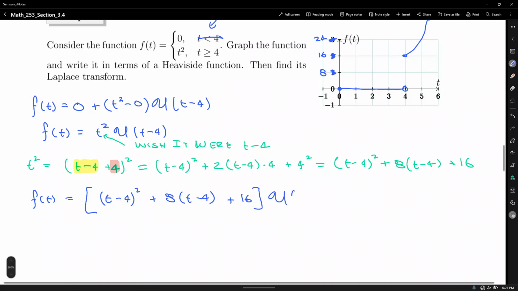All of this is shifted at t minus 4. All right? Okay, guys, let's find the Laplace transform of this. Again, let's pretend you don't have the minus 4. Essentially, you're just finding the Laplace transform of t squared, t, and 16.